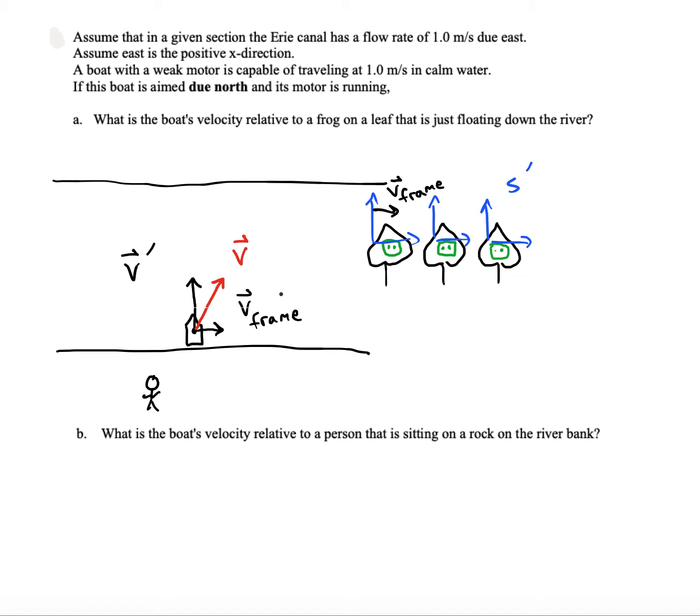And this would be relative to Earth, which is frame S. And by frame S, of course, I mean the reference frame of the stationary person who's not moving relative to ground.